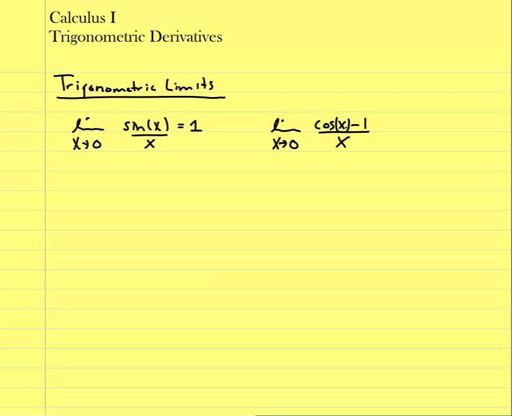So this problem would be different than this problem. I always have to be really careful about what is the argument of my trig function, and I'll look for very specifically that you always have parentheses around the arguments of your trig functions. This limit is equal to 0.